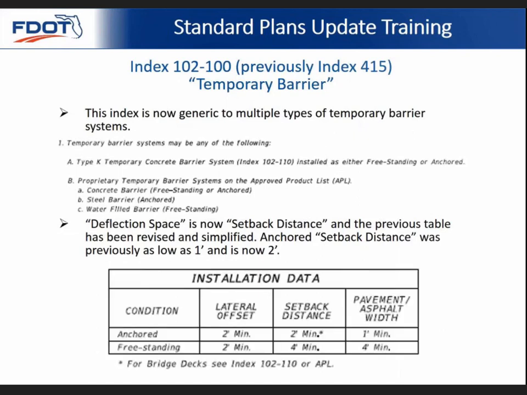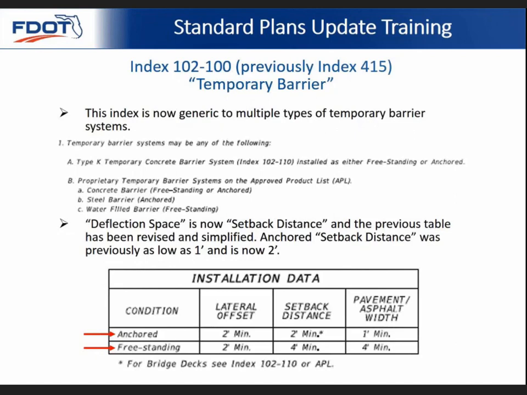The table has been updated, it's simplified. It was previously very cumbersome. And when you look here, you'll see that anchored and freestanding are now the two conditions for how to choose the setback distance, the lateral offset.